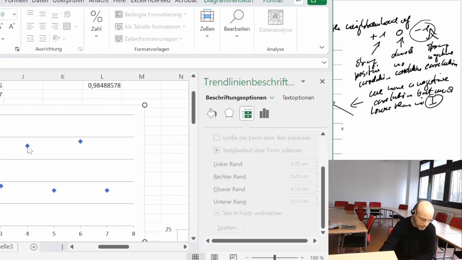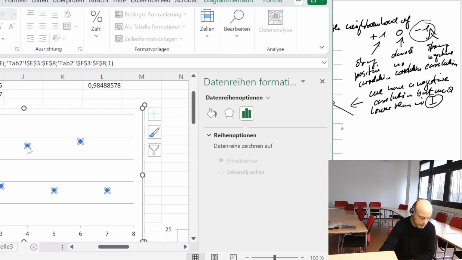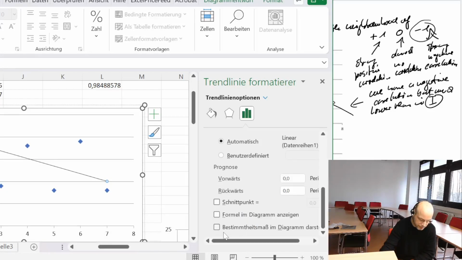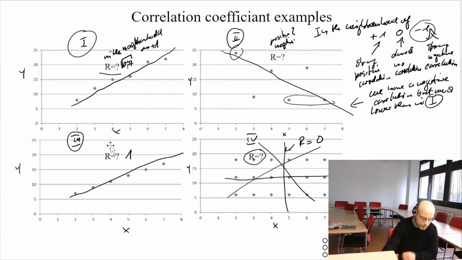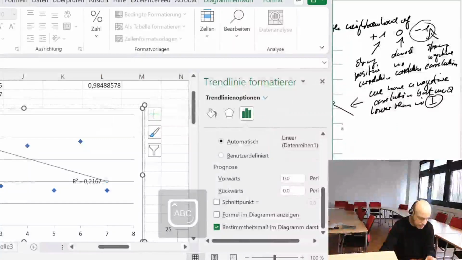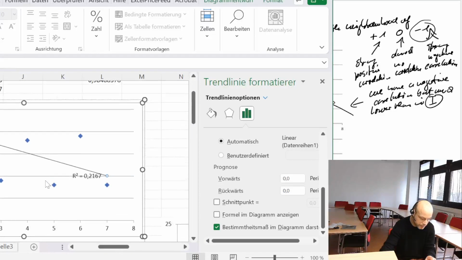In the next case, let's go here and also take the square root of 0.22, and here of course we have 0 and 1. Let's calculate these two numbers.